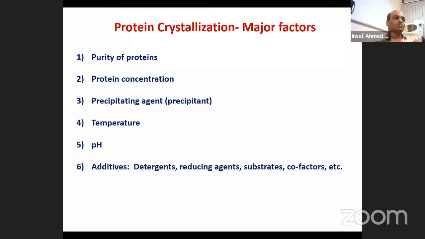And we always try to perform any reaction or any activity or any crystallization near physiological pH. As all of you know, physiological pH is 7. So if you want to perform purification or lysis or any step, you should try to bring your protein near the physiological pH. Now, if you remember, the pI of this protein was around 5 or 5.5.